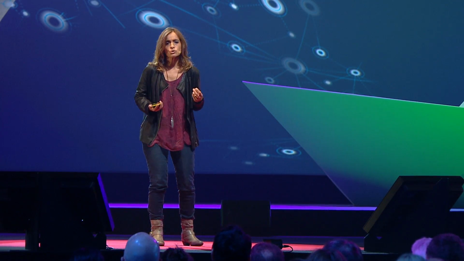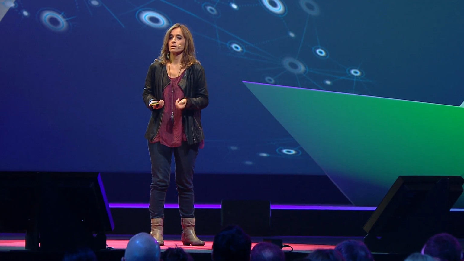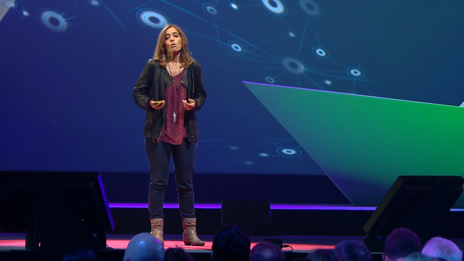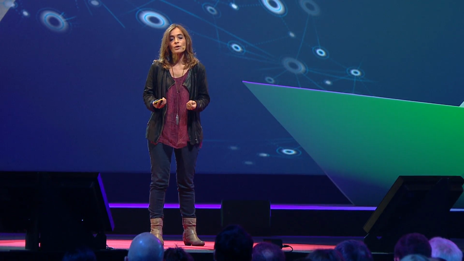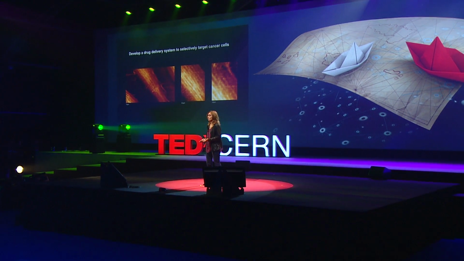But I want to be even better. I want to have it even more efficient. So in the lab, we developed a tool based on atomic force microscopy that allowed us to measure the mechanical properties of cells. What I mean? Now I know if a cell is soft or hard.